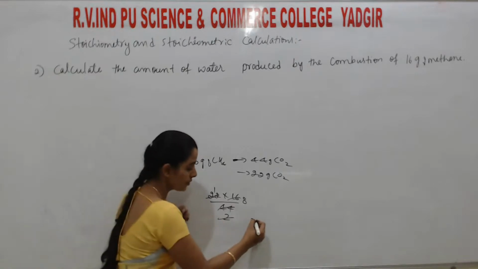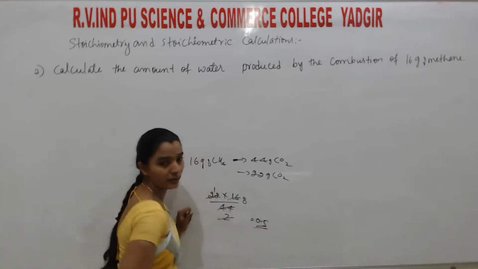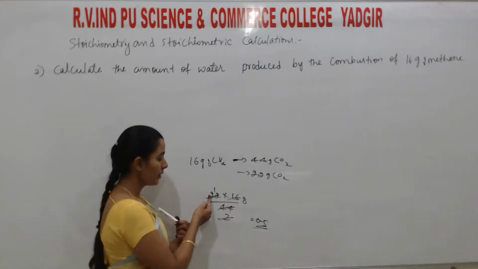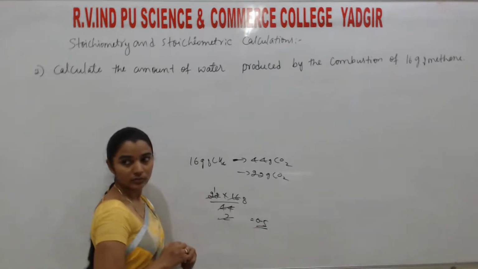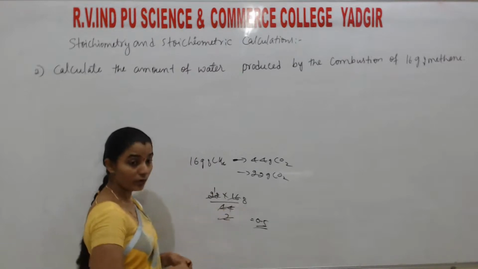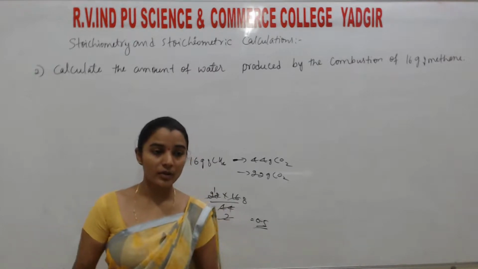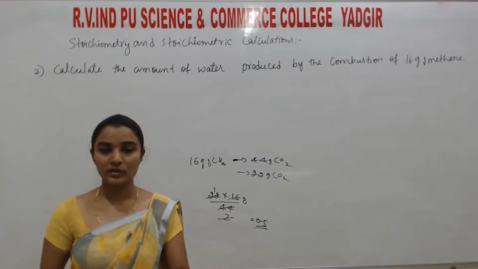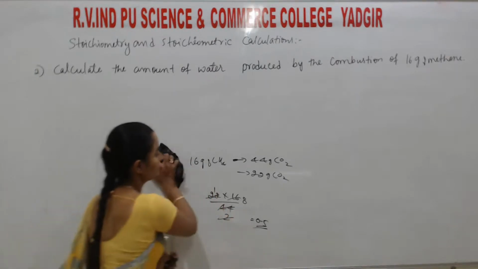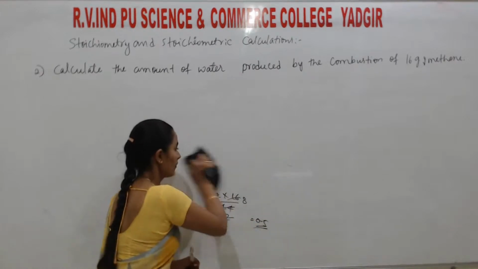It will not be 4 gram, it is 8 gram. 8 gram means the number of moles is 0.5 mole of methane, not 0.25. Just correct that. Okay?